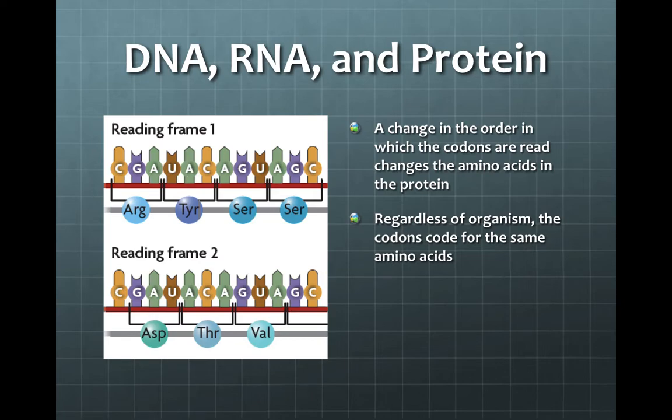Regardless of the organism, the codons code for the same amino acid. So what this means is that if CGA is always going to be arginine, UAC is always going to be tyrosine. So they're saying no matter the organism, a cat, dog, human, insect, whatever, if they've got DNA and amino acids, it's going to be the same.